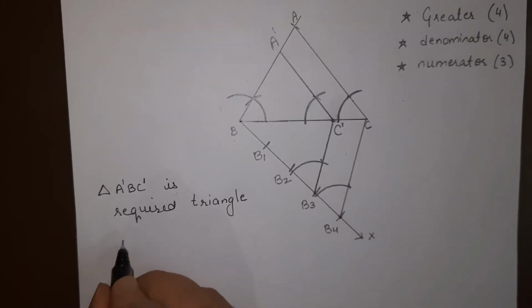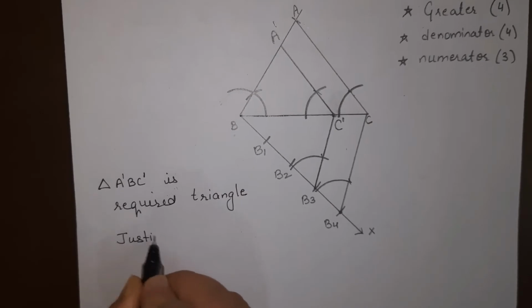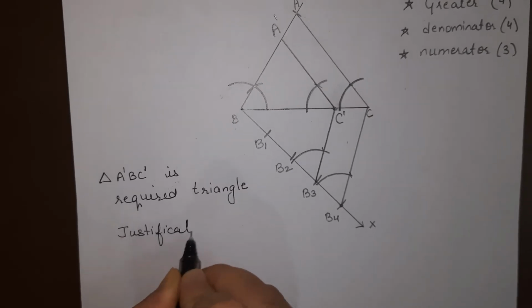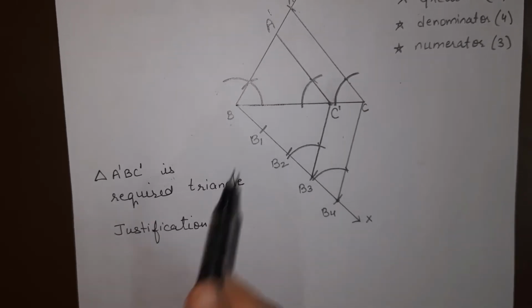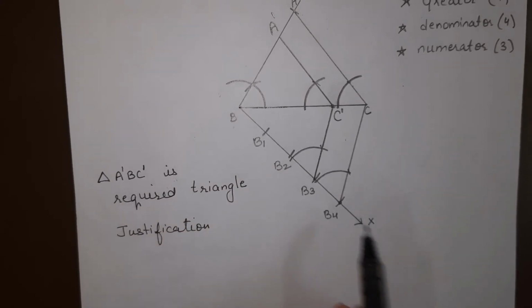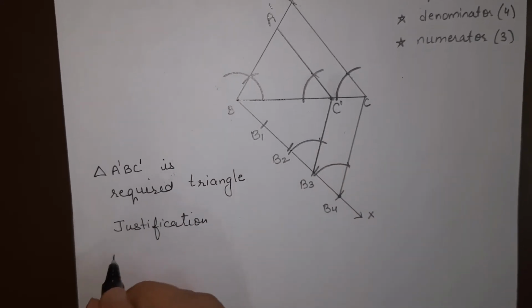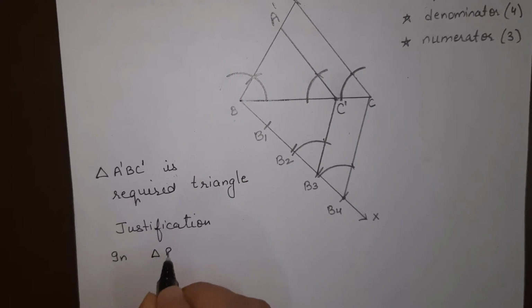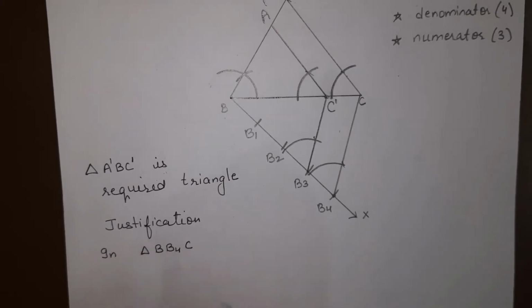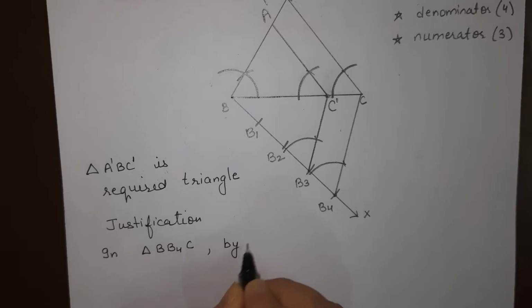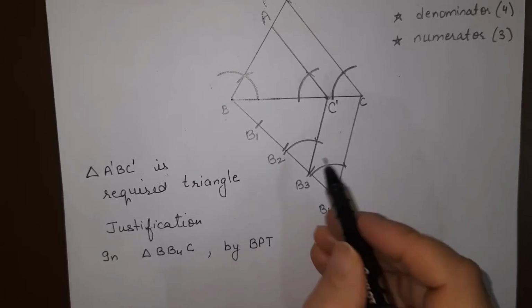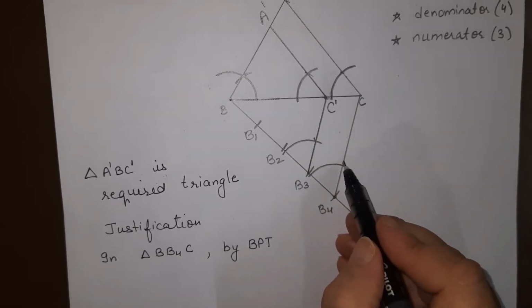Let us now do the justification part. For this, first of all, see triangle BB4C. In this triangle, B3C dash is parallel to B4C.